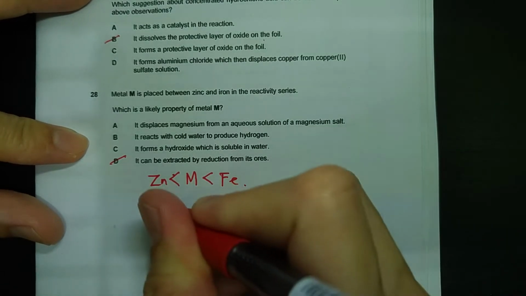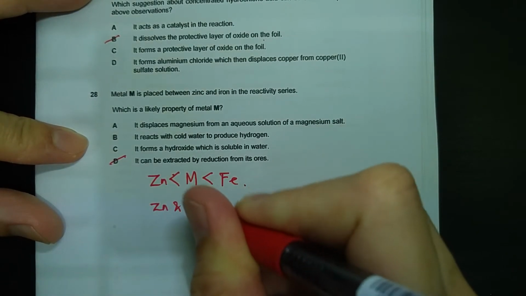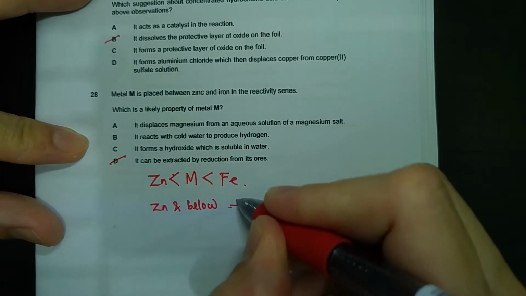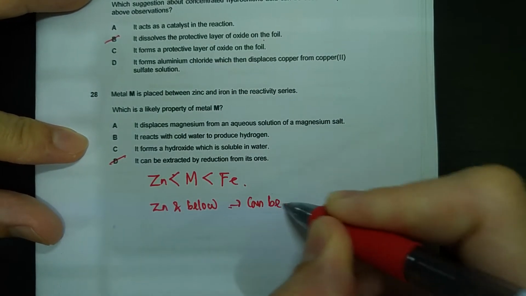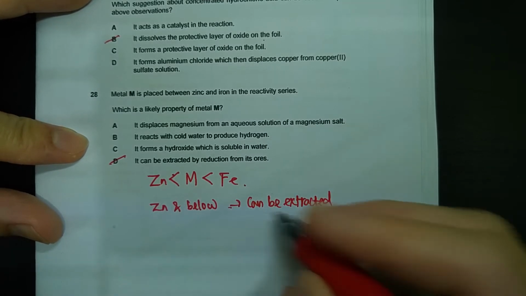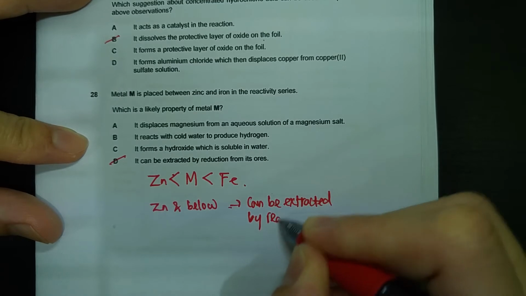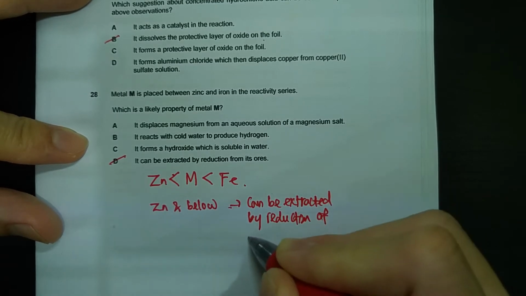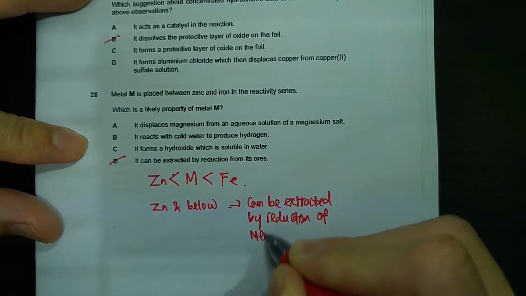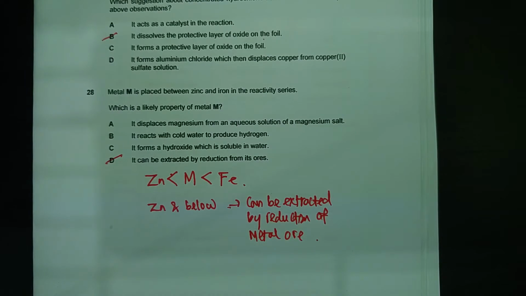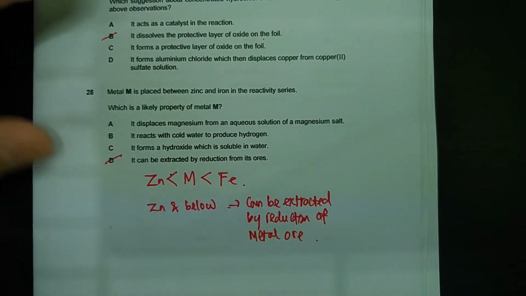So remember, zinc and below, in the reactivity series, they can be extracted by reduction of metal ore. Zinc and below.